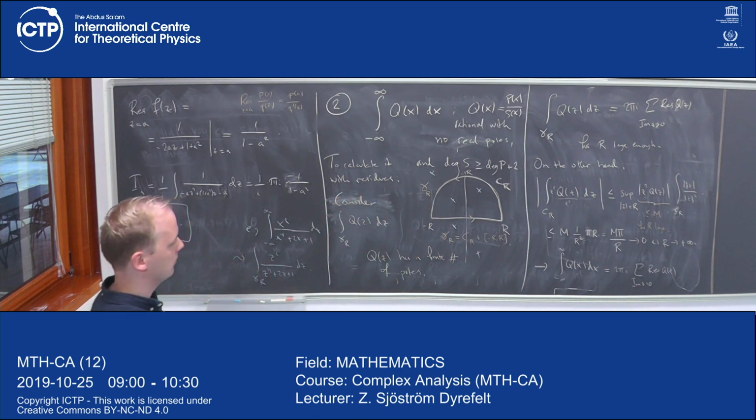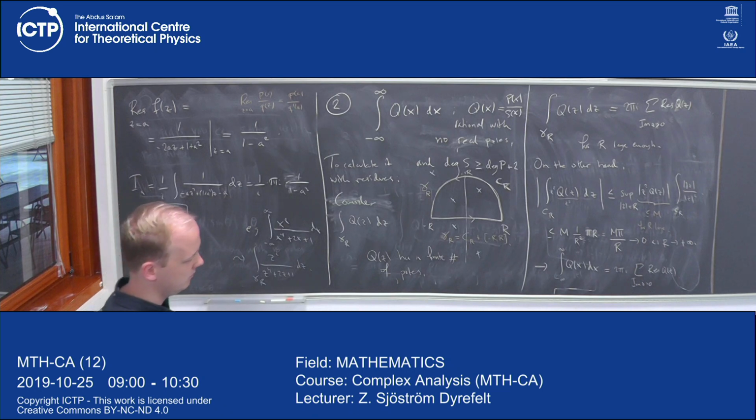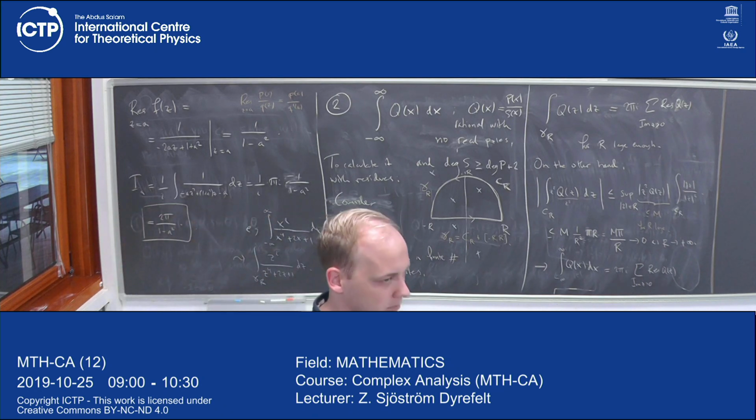Yeah, so we just have to be maybe a little bit careful. I mean, we can find rational functions with poles only on the upper half. So this is strange.